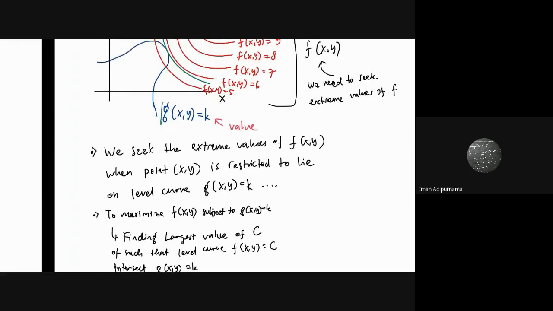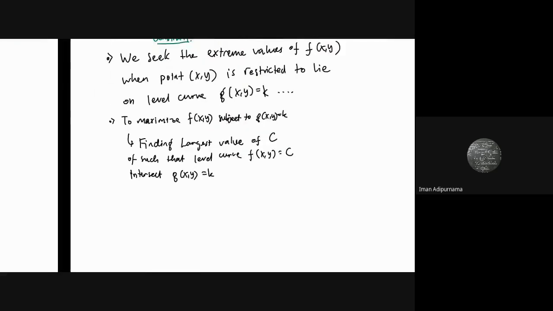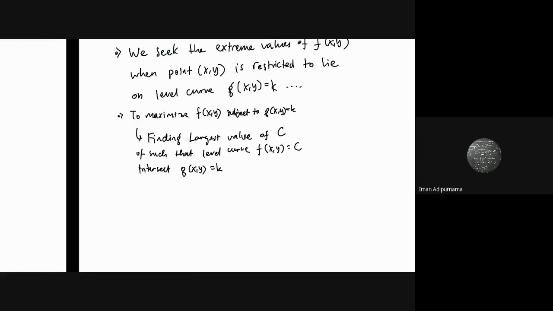This g we can also think of as a constraint, like restrictions on the function. So when this has intersections, meaning it's touching each other, right?